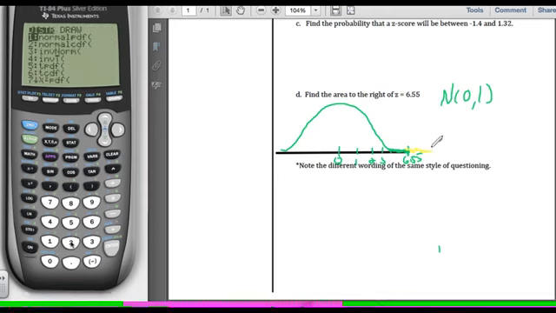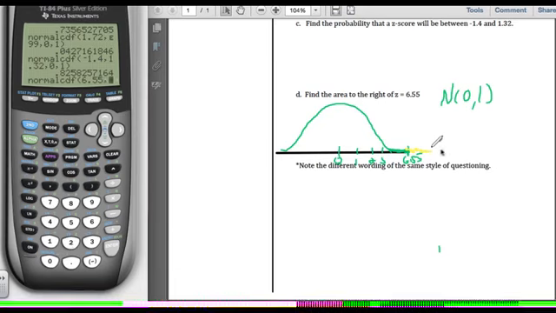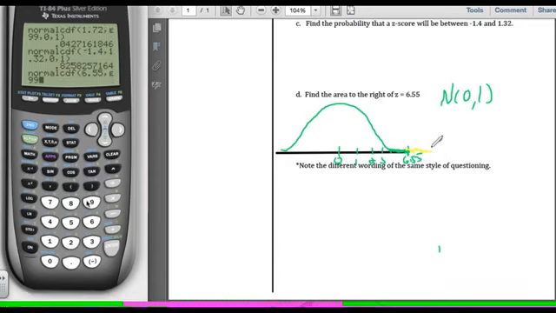When I input my information, my lower bound would be 6.55. This theoretically goes all the way up to infinity, or E99. And then 0 for my mean, 1 for the standard deviation. And this is my answer.